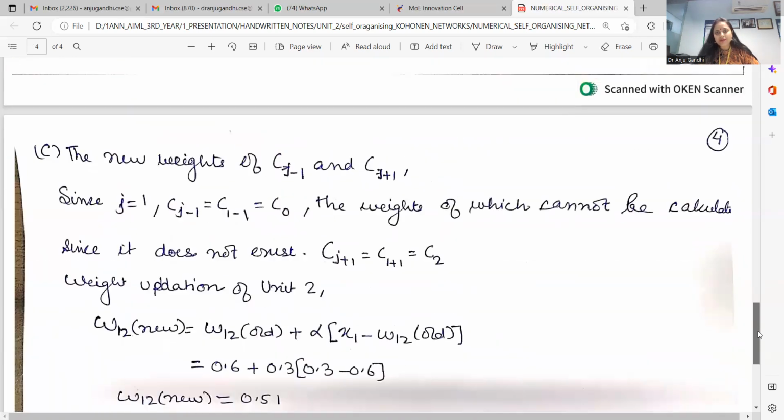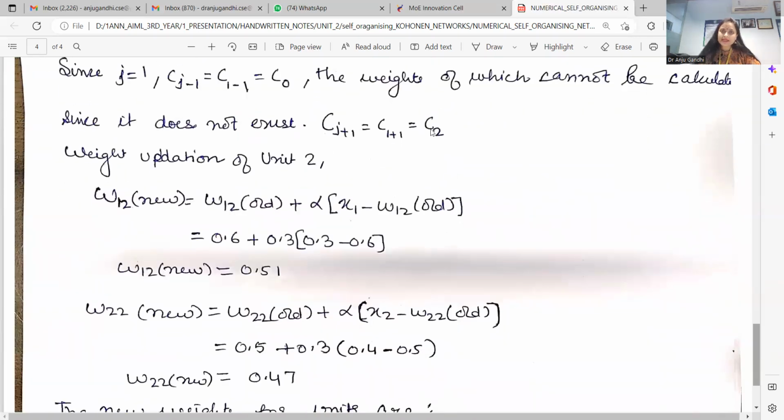And how will we do it? We will do it like this. The weight updation for unit 2 means it will be W12 and W22, right? So here we are updating the weights from input 1 and input 2 for the second cluster, right?